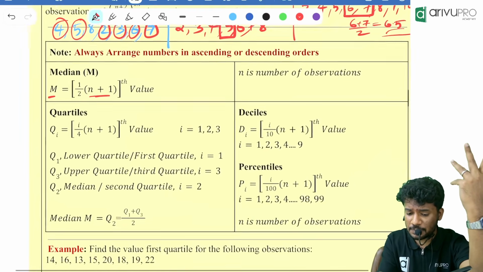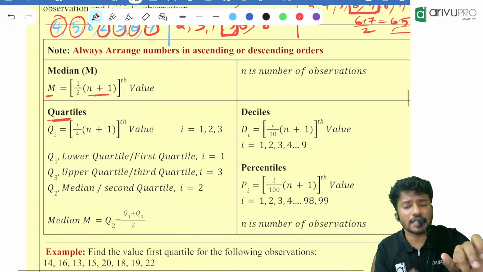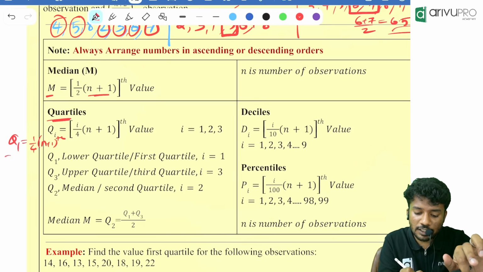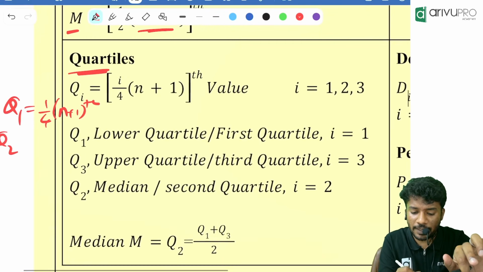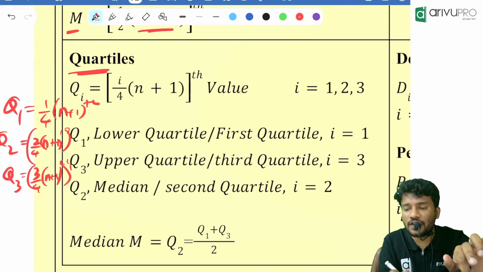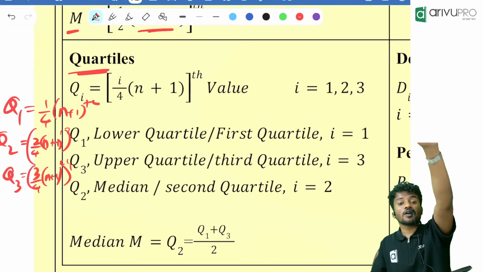Now people, similarly, you can find quartile. What if they are asking for Q1? Q1 will be 1 by 4 into (n plus 1)th value. What will Q2 be? Q2 will be 2 by 4 into (n plus 1)th value. What if it is Q3? The answer will be 3 by 4 into (n plus 1)th value. That is the method for quartile.